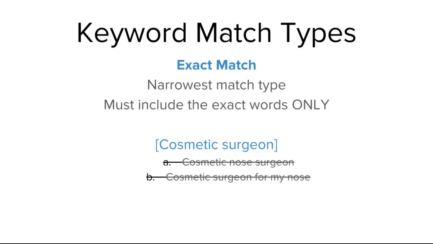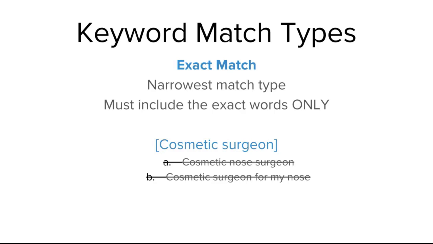All right, so then we get into exact match. And exact match is the narrowest match type. It gives you the most control over exactly what you're showing for and not showing for. And so in this case, it is just what it sounds like. It has to include exactly what you put there only. You cannot have any words before or after the phrase.